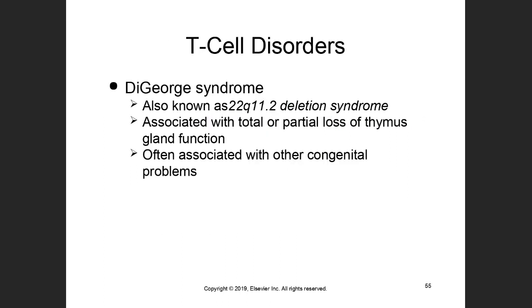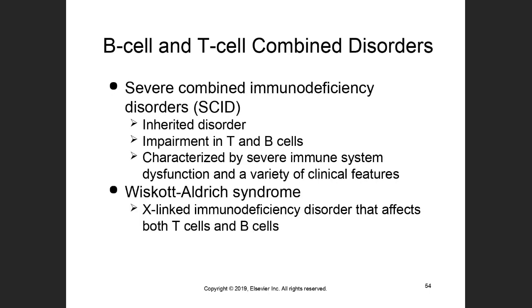DiGeorge syndrome is a genetic disease with a deletion right there in the 22q11 gene, associated with total or partial loss of the thymus. Most of the time, those patients don't have a thymus. Okay, that's one of the main characteristics. No thymus. Okay, in this case, right here, those patients have a problem in the lymph nodes.